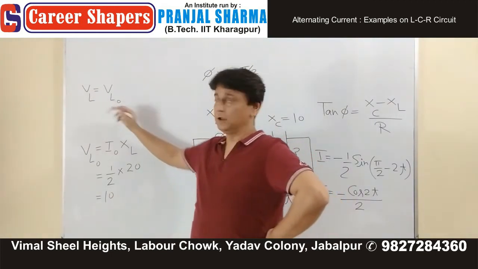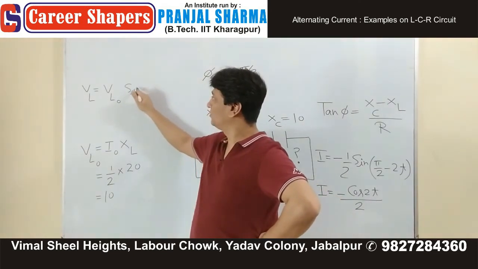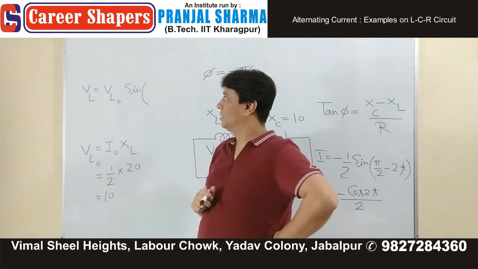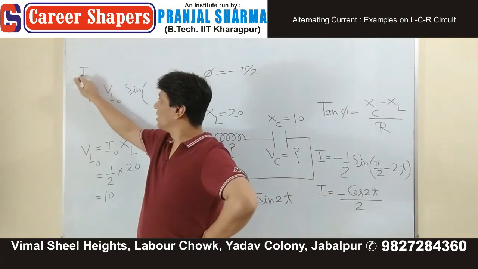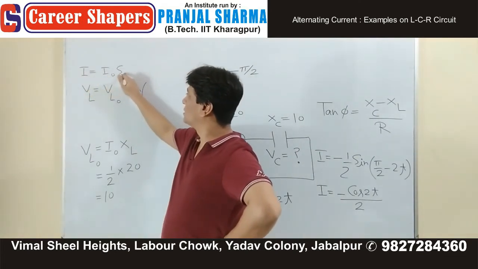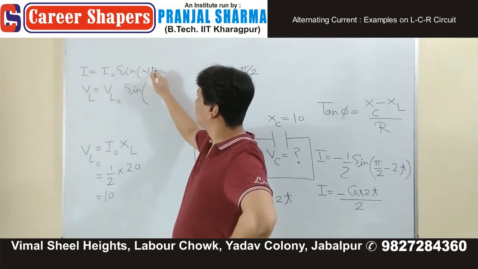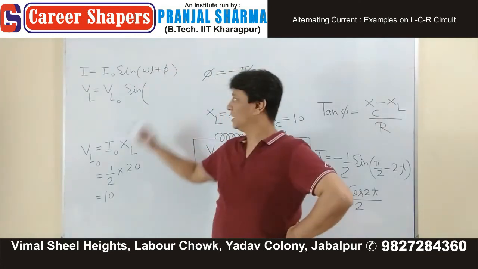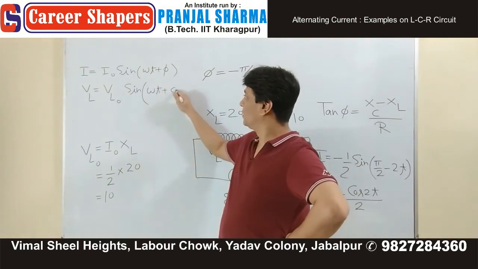What is VL? VL is sine of... I hope you remember this from LCR. If I is I naught sine omega t plus phi, then VL naught sine of omega t plus phi.